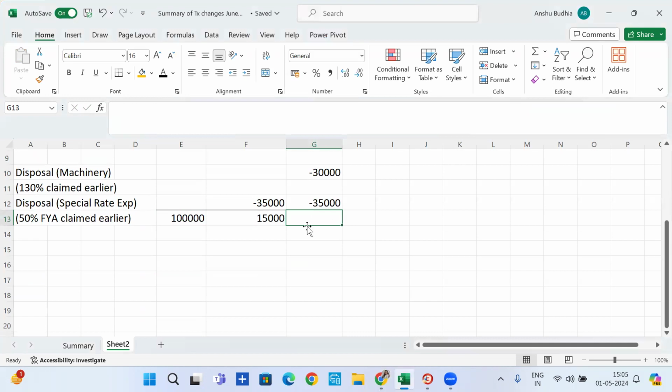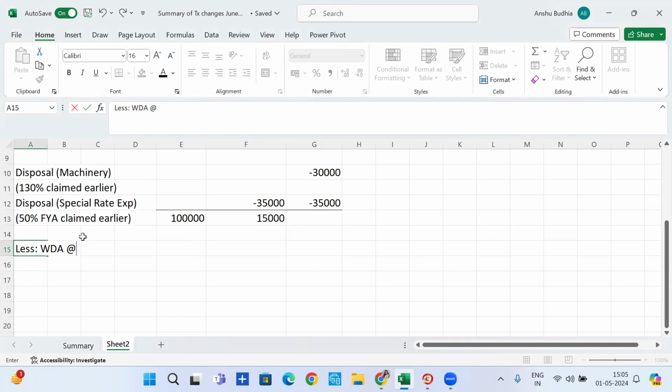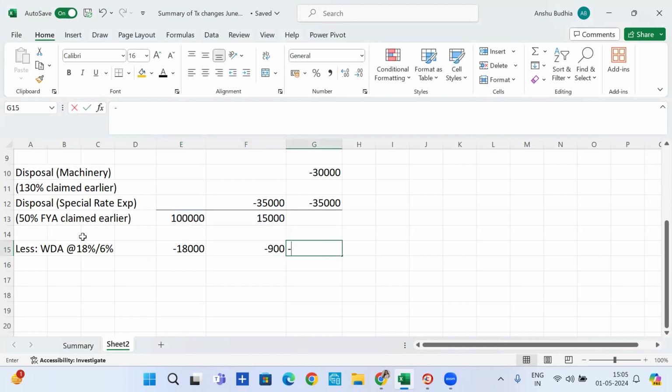Actually, we don't need the total here. Now we have got the changes. Now we will write WDA. WDA is at the rate of 18% and 6%. Same rates as before. Let's take the total of allowances here.